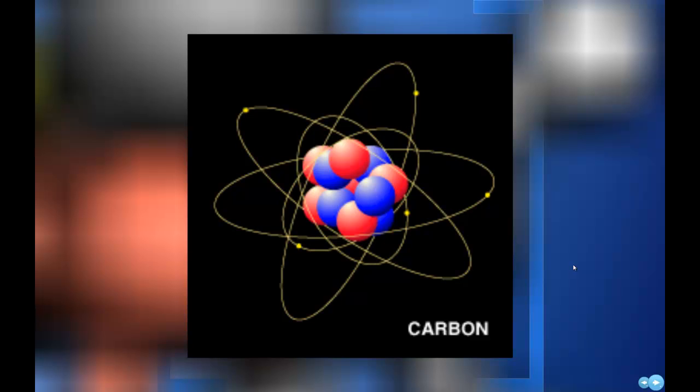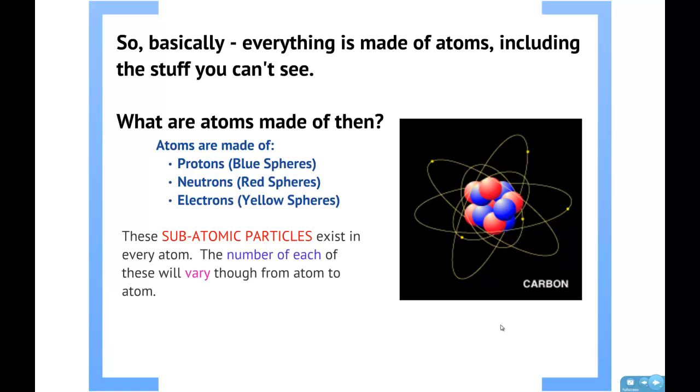We're going to talk about what's inside of this atom for quite a while, actually, because it's very important that we all understand exactly what the red balls, the blue balls, and the yellow balls are. So let's pop out and look at those.